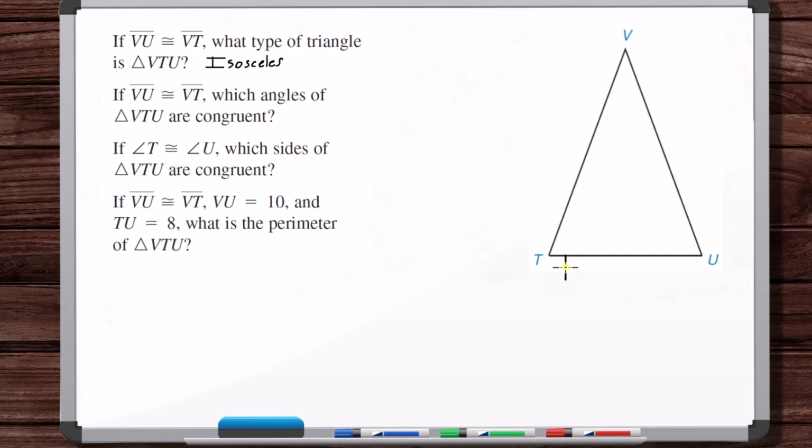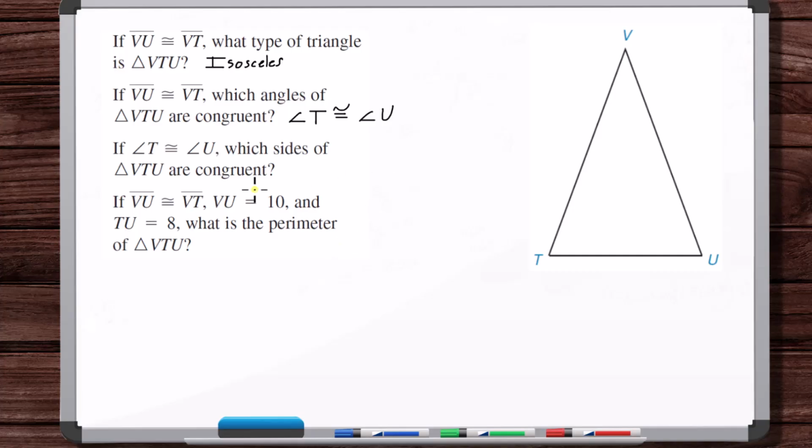Those two angles, the base angles, are congruent. So here, if VU is congruent to VT, that means V is the vertex angle and T and U are the base angles. So angle U is congruent to angle T.